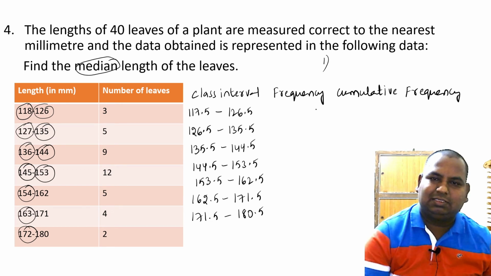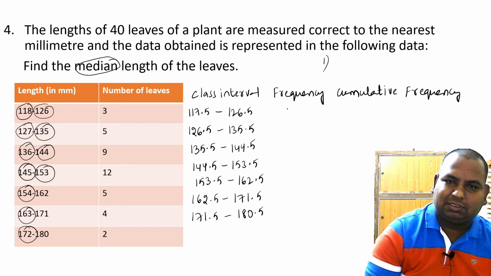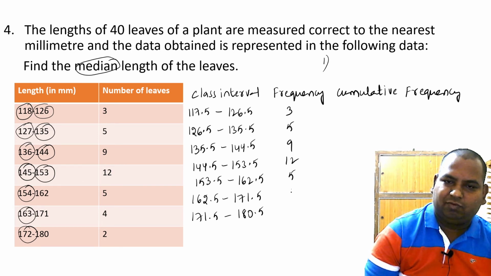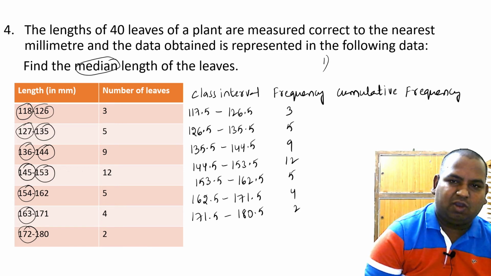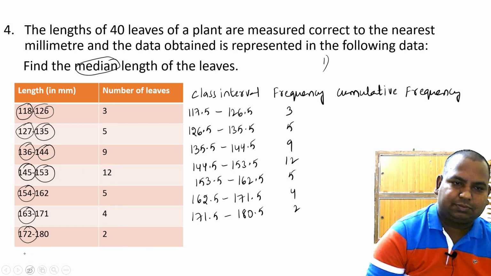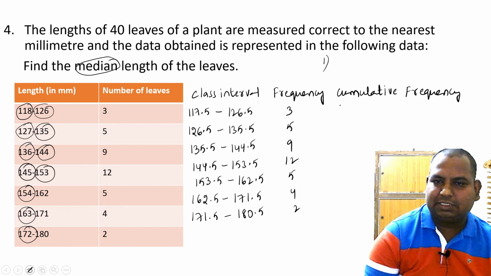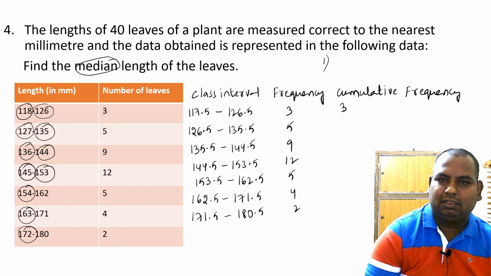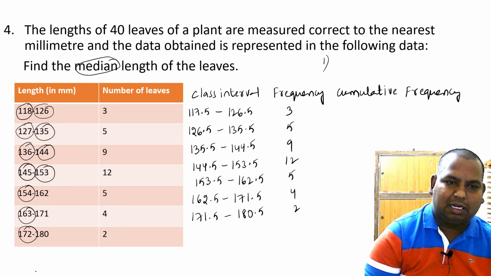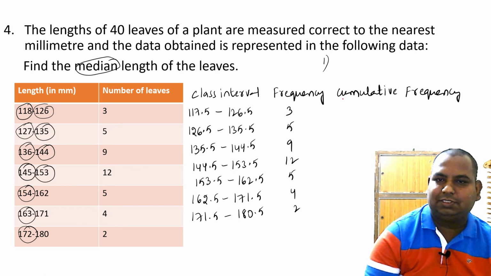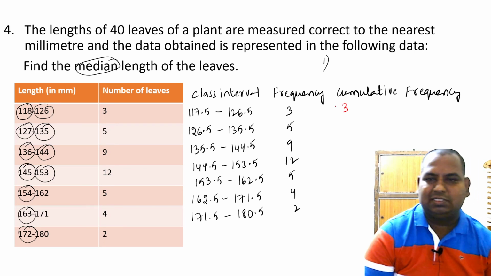Now let us take the frequencies. Frequency will not change: 3, 5, 9, 12, 5, 4, 2. Now we'll get the cumulative frequency. So first frequency is 3.